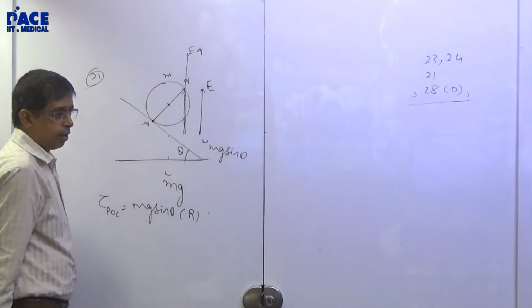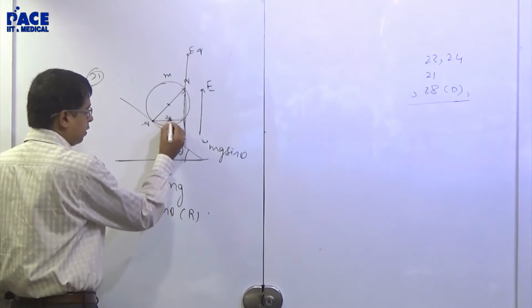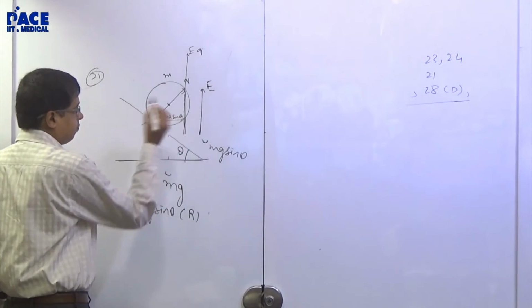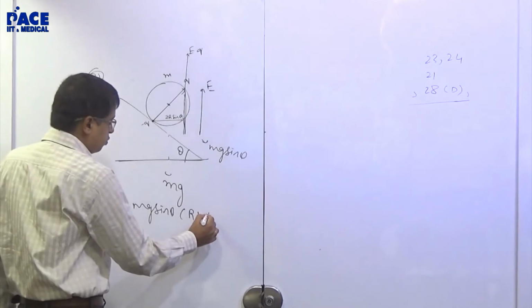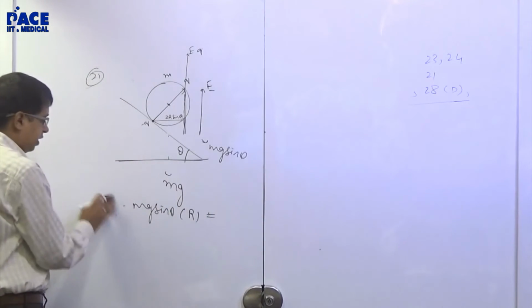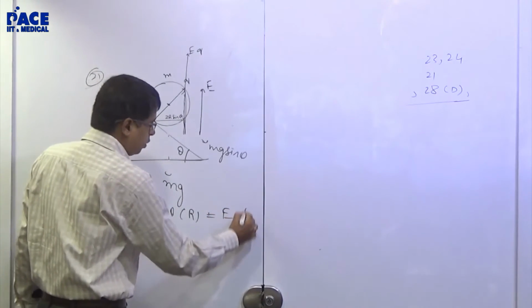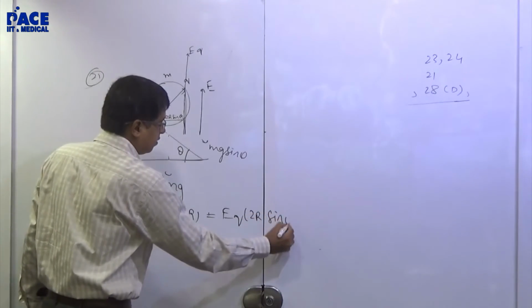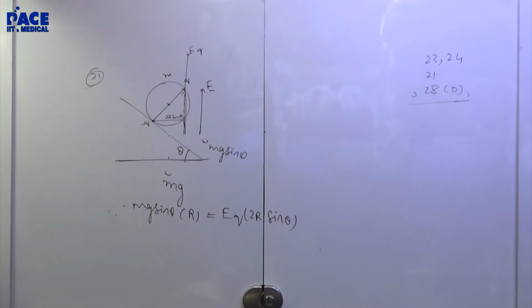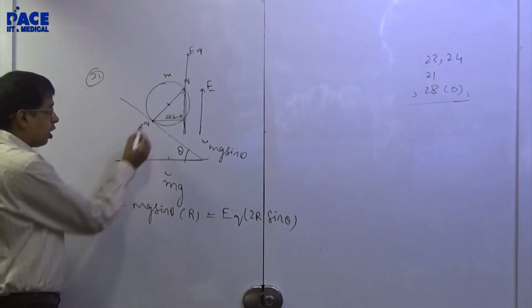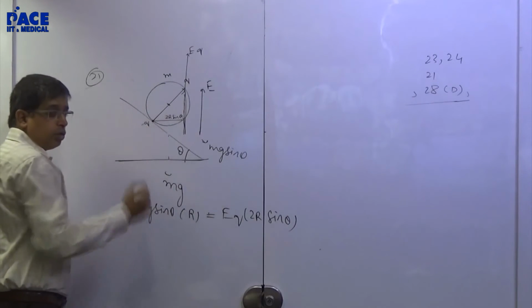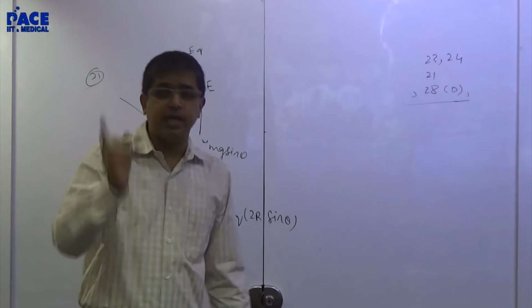So 2r sin theta. So this will be equal to the net total torque, EQ into 2r sin theta. That's it. I have taken the torque about this particular point so that I could eliminate the torque due to friction and EQ.